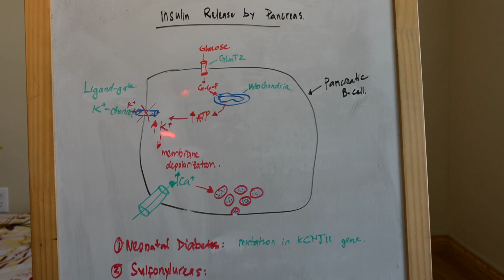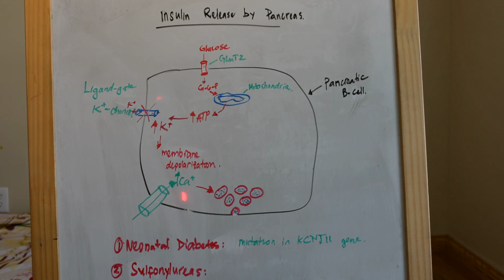When you close those potassium channels, the potassium will build up within the cells, so that will cause an increase in intracellular potassium, and that leads to the membrane depolarization. So the cells become less negative, and that causes the voltage-gated calcium channels right here to open up. Once this voltage-gated calcium channel opens up, a lot of calcium from outside the cells will enter the cell.